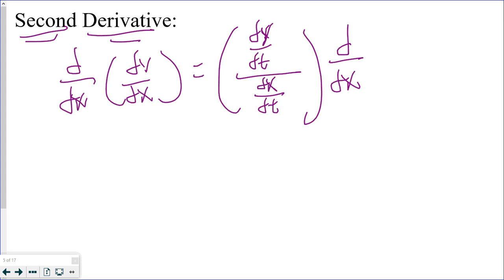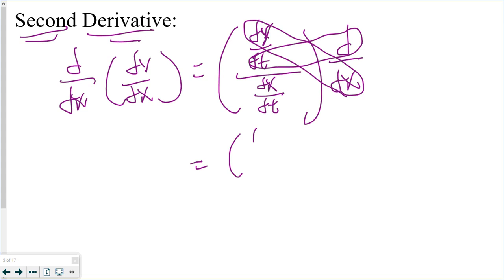There's some manipulation that you can do here. You can flip some things around by order of operations, and you can rewrite this in the form: the derivative of dy over dx with respect to t, over dx over dt.